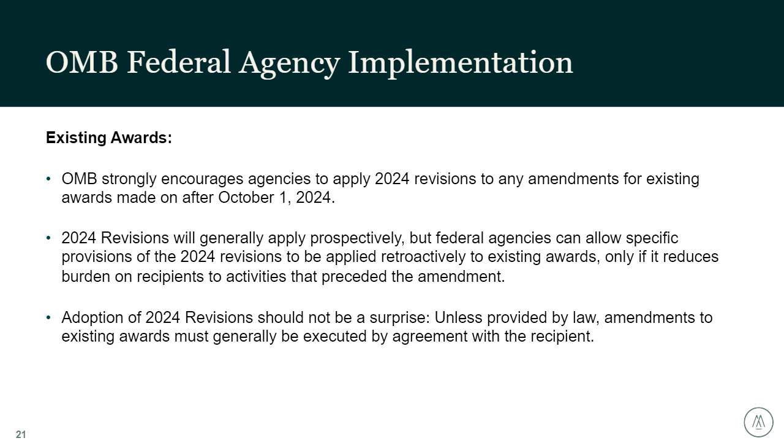So when that award's made, that's when these revisions are supposed to be applied by the federal agency. So good reminder that the OMB has put out this new regulation, or these revisions to the regulation, but the individual departments, the federal agencies, are required to adopt them and then apply them to their existing or new grants.